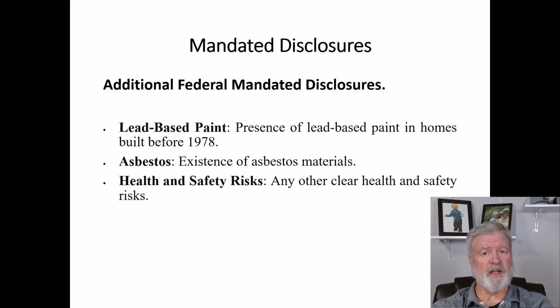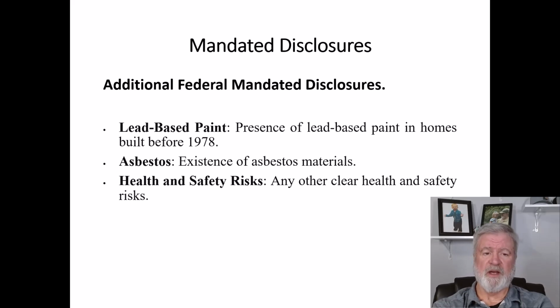Not only for test purposes, but when you're practicing real estate, if you list or help someone buy a house that was built prior to 1978, you better believe there's a written mandatory disclosure about the potential of lead-based paint that's required. Okay?